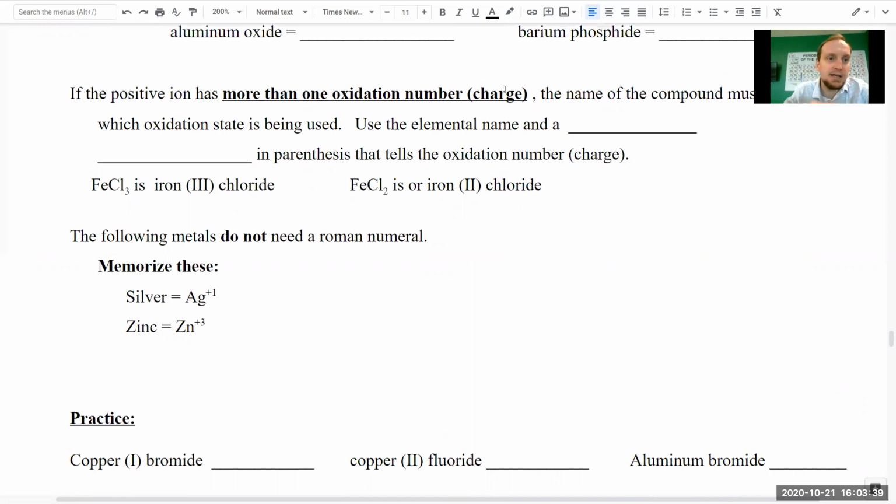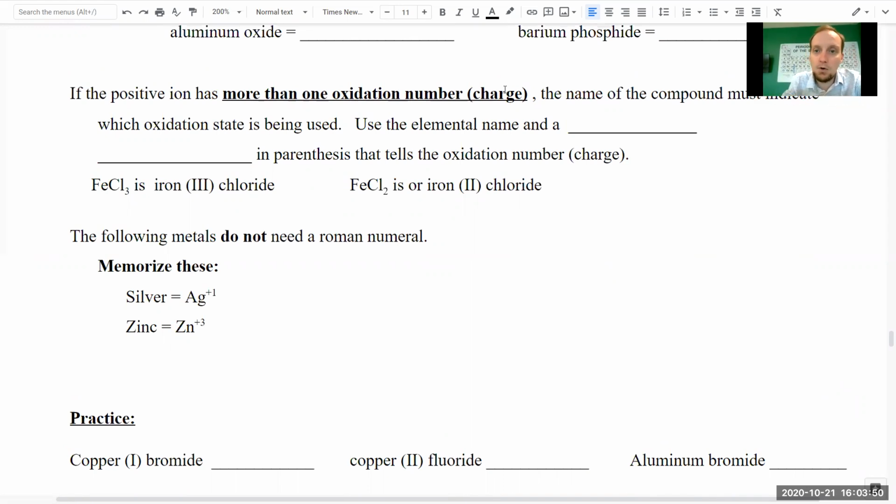I do apologize. It says, if the positive ion has more than one oxidation charge, the name of the compound must state which oxidation charge is used. Use the elemental name and a Roman numeral in parentheses that tells the oxidation number or the charge. I already kind of touched on this earlier. So for example, iron 3 chloride would be iron with a +3 charge, chlorine with a -1.